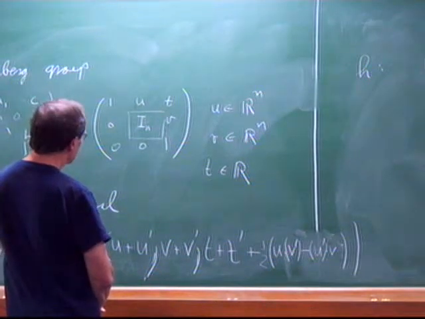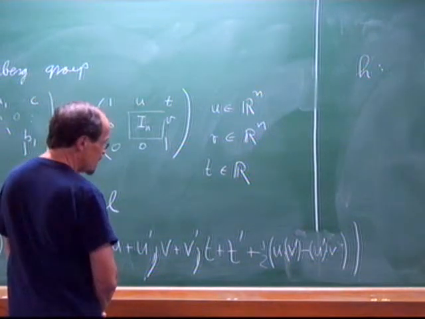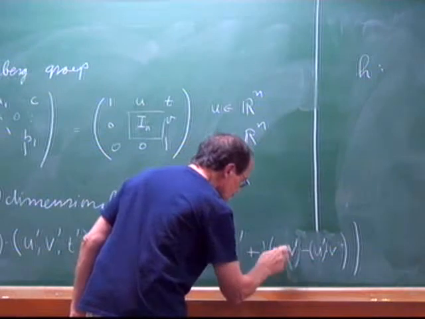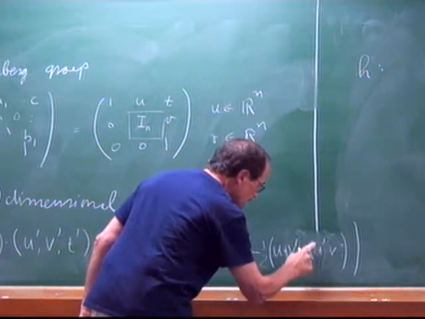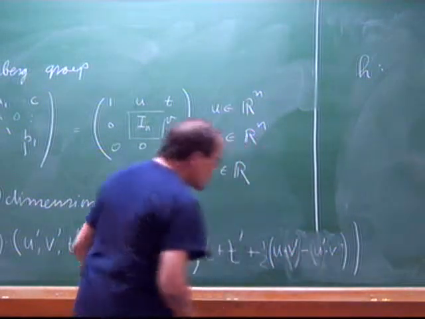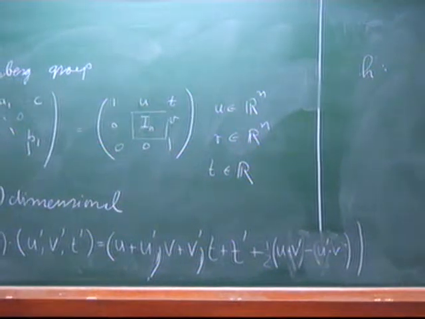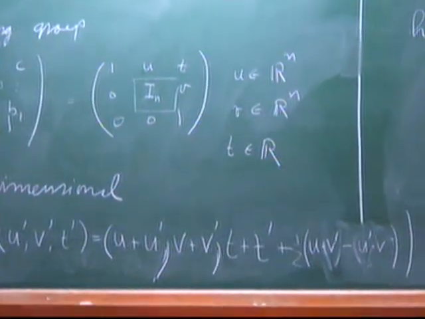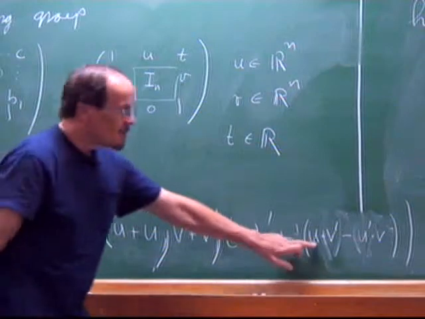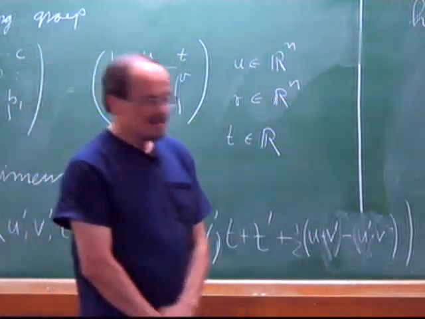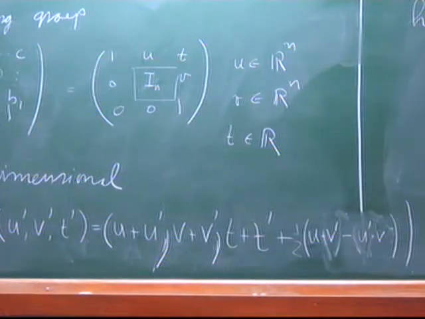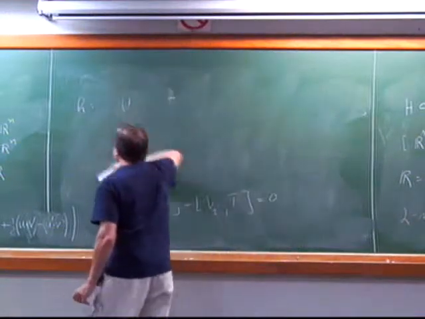So we're okay. So just u dot v prime minus u prime dot v. That's a symplectic form. That means I can make every symplectic vector space into a Lie group in a natural way.